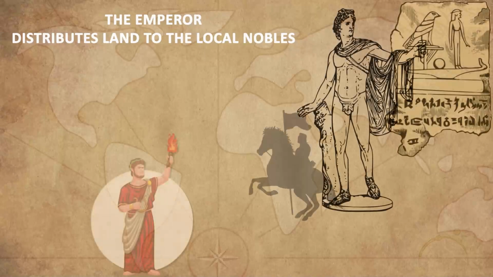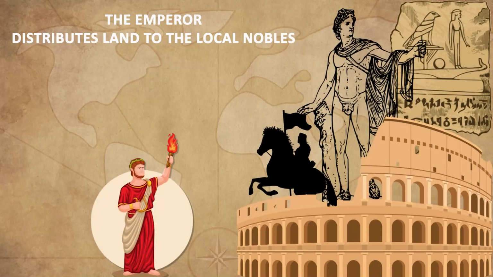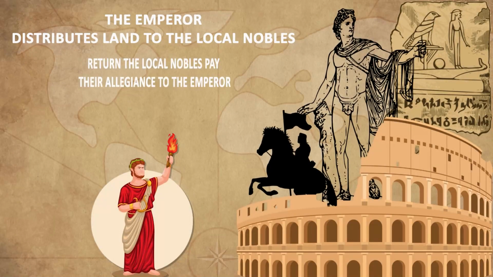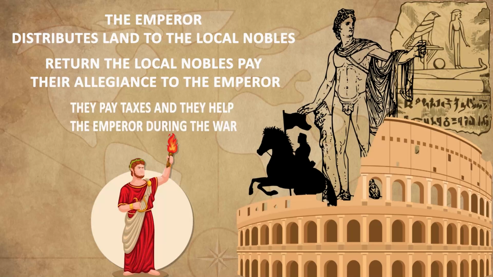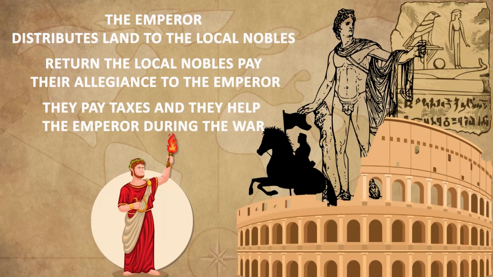The emperor distributes land to the local nobles, and in return the local nobles pay their allegiance to the emperor, they pay taxes, and they help the emperor during war. So there is a contractual relationship between the emperor and the local authority.